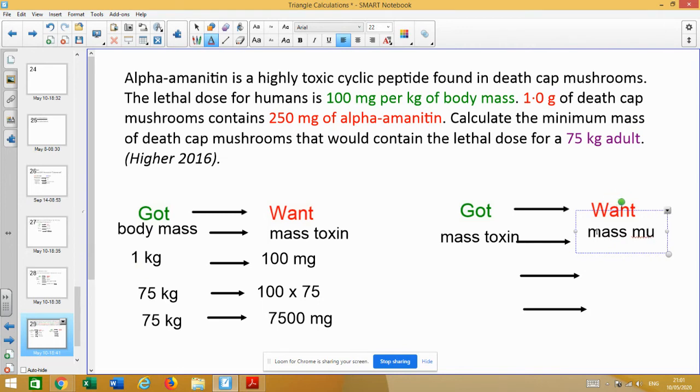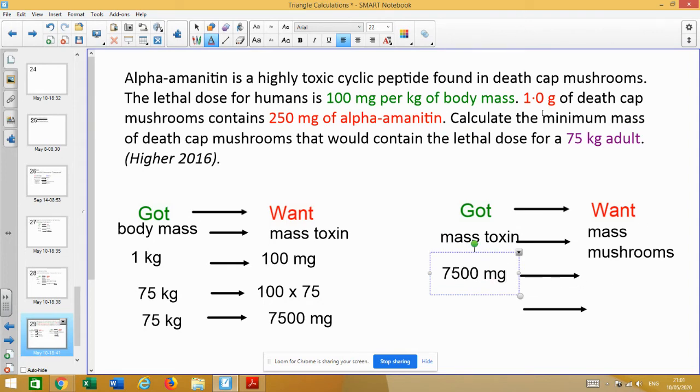So this is what I was saying about there being lots of the same units here. We've had 3 different masses in this question. So we have the mass of toxin we worked out here is 7500 milligrams, and the mass of mushrooms.